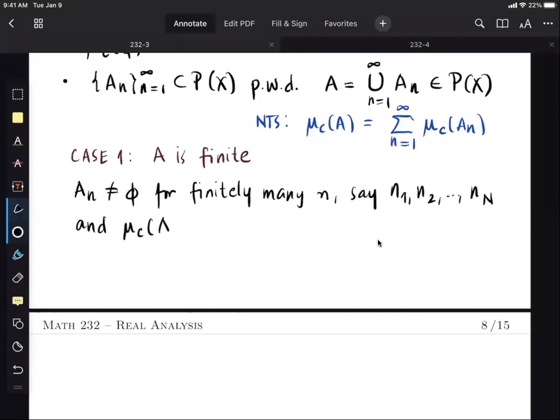In other words, the counting measure of A sub n would be 0 if n does not belong to this set of indices, n1, n2, up to n sub capital N.